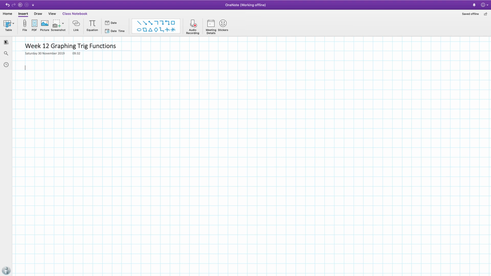So, before we get to those, we'll look at drawing the sine of x first of all. So, the very basic one, we'll look at graphing the sine of x.